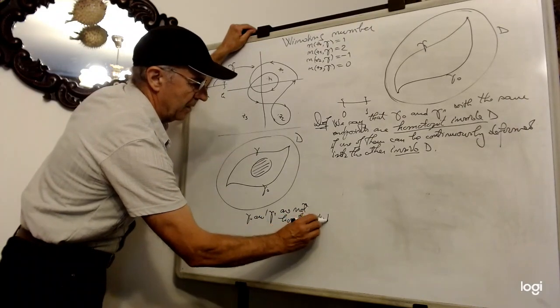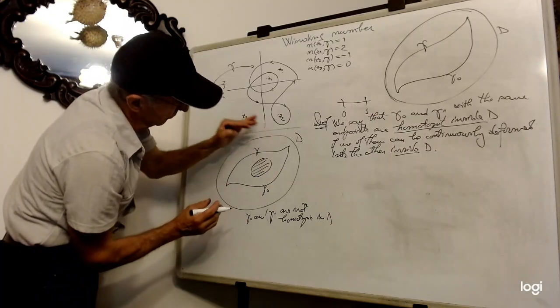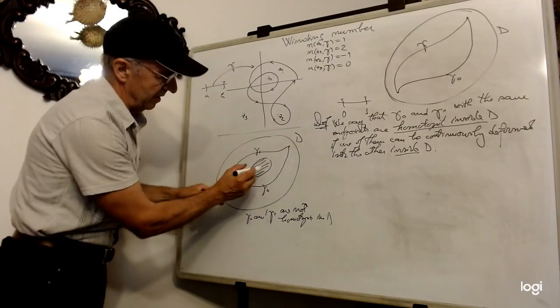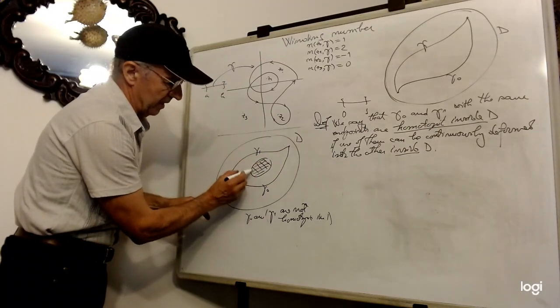It is not possible to deform gamma 1 into gamma 0 inside D. This point does not belong to D.